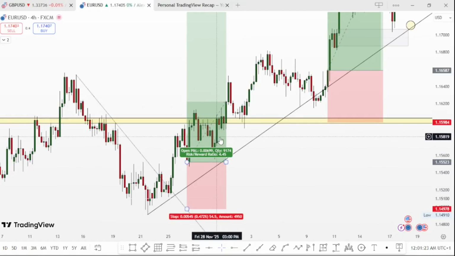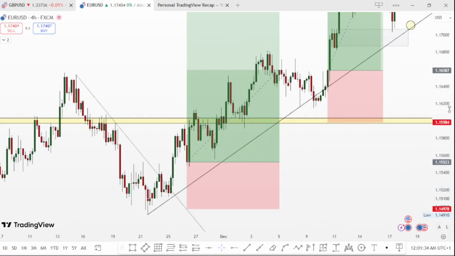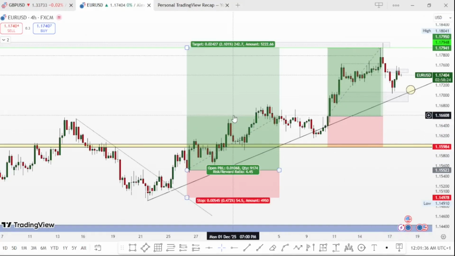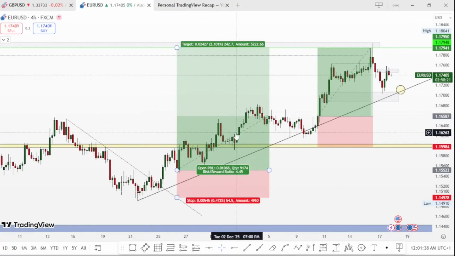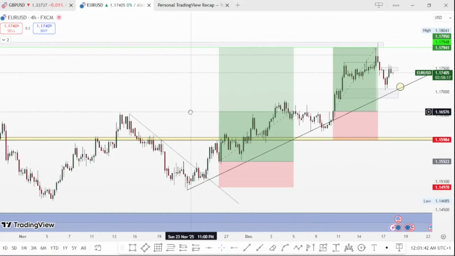So price bounced up, came back again with the base here, and I entered somewhere here. But price stopped me out on break even, because as price moved and broke this high, I moved my SL past BE somewhere around here, and then price wicked me out. But I was still confident on this guy.